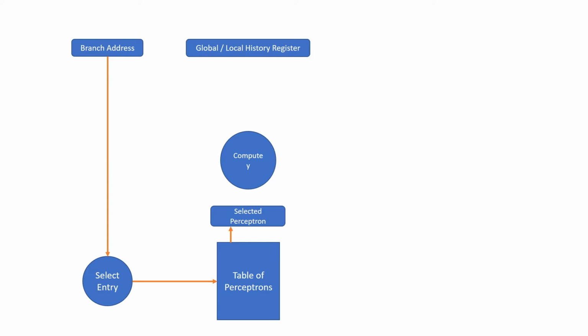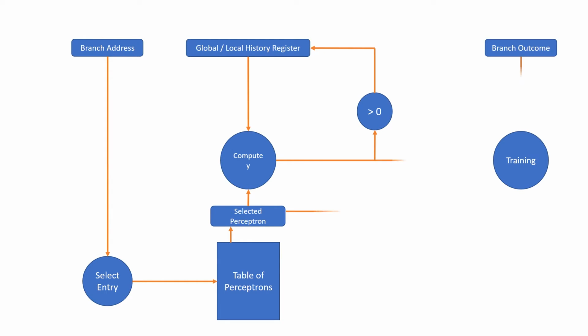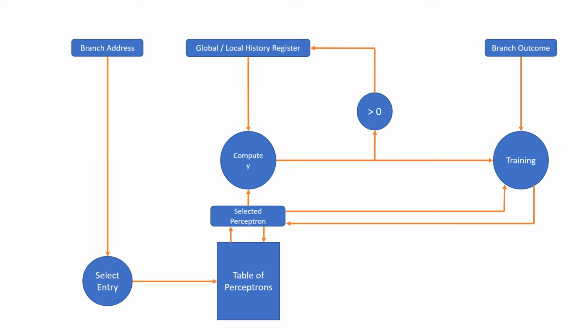The 8th perceptron is fetched from the table into a vector register which contains the weights of the selected perceptron, and the value y is computed as a dot product of the selected perceptron and the global history register. The branch is predicted not taken when y is negative, or taken otherwise. Once the actual output of the branch becomes known, the training algorithm uses this outcome and the value of y to update the weights of the perceptron. So basically the selected perceptron is written back into the ith entry of the table.